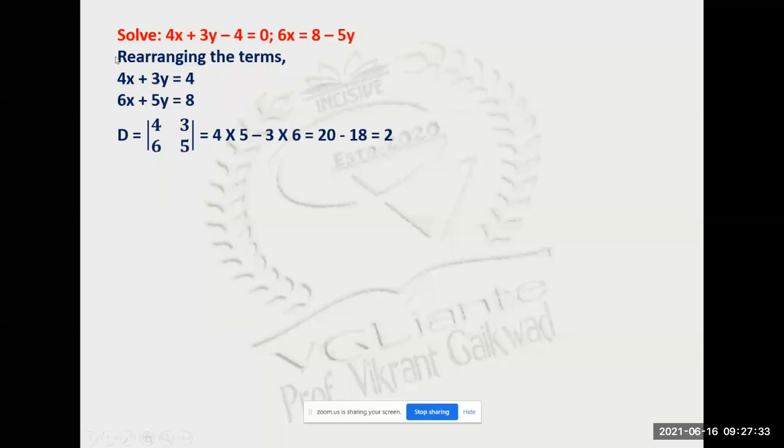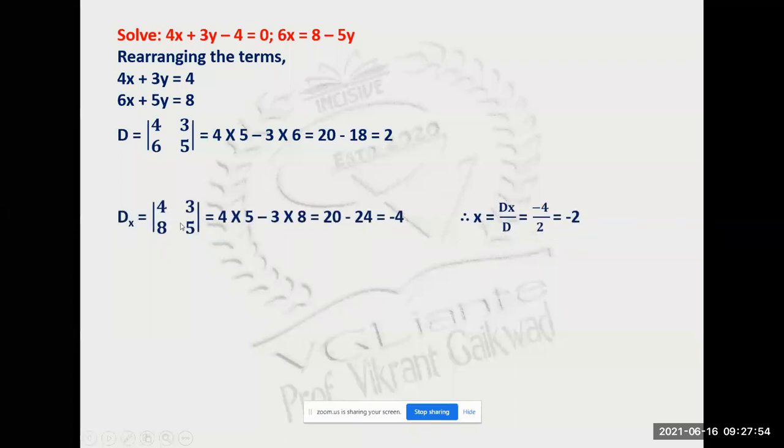Check. We take the coefficients of x, 4, 6, and the coefficients of y, 3, 5. Multiply diagonally: 20 minus 18, that is equal to 2.